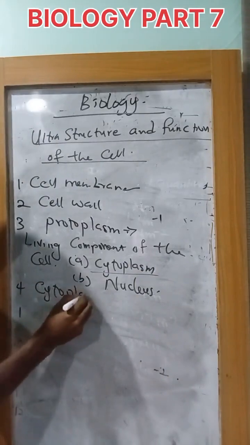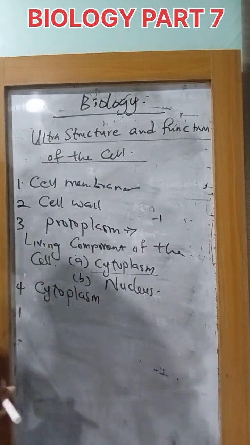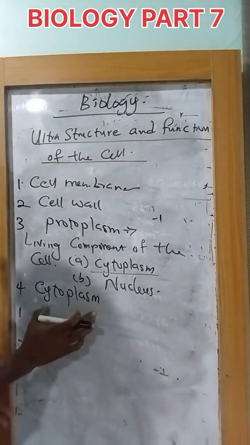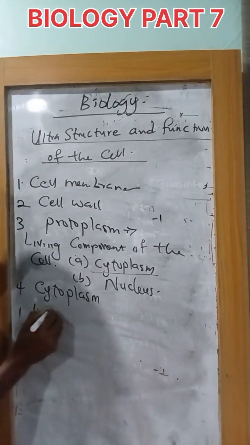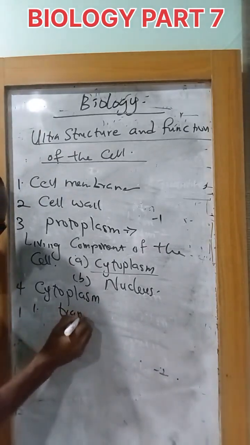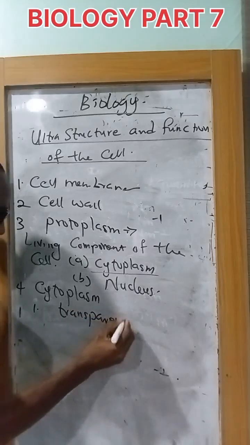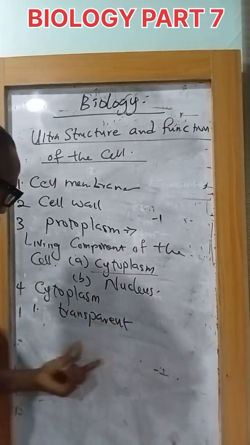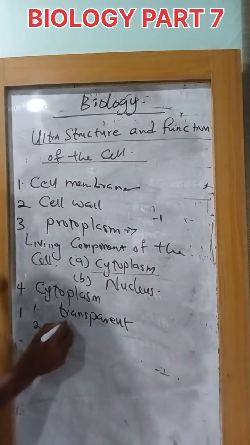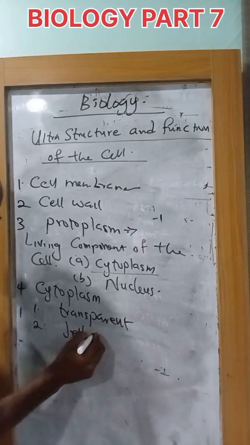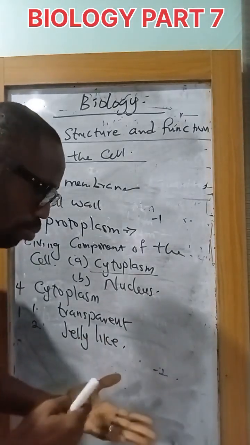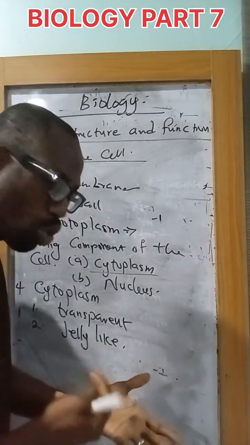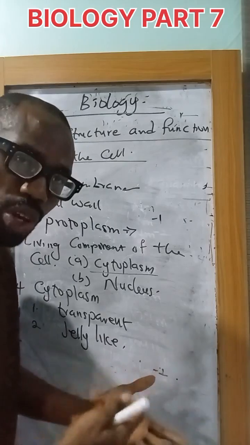Now, there are certain features I'll be explaining to you about the cytoplasm. Number 1, the cytoplasm is transparent. Number 2, it is jelly-like. When you say something is jelly-like, think of those creams you used to rub, like petroleum jelly.